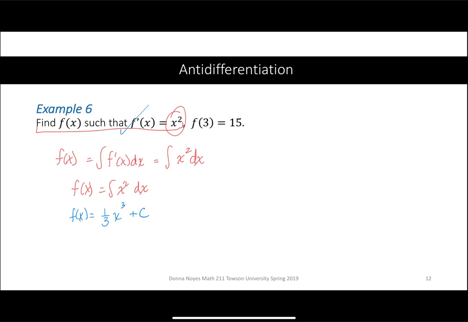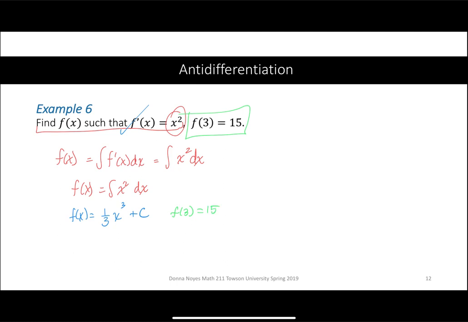So we can check off this first part. We found the function, what it could potentially be, but we don't know what c is. Well, that's where this point enters the picture. We also know that f of 3 equals 15.